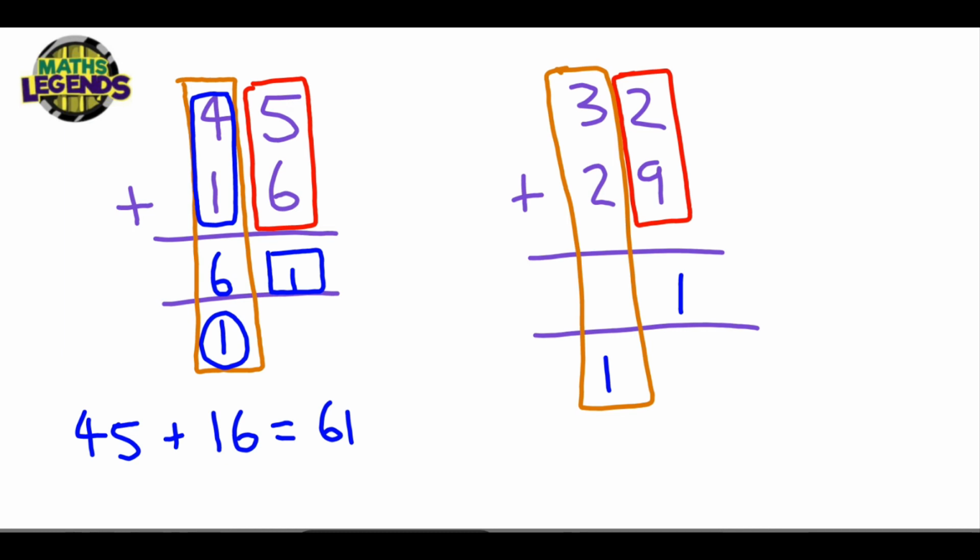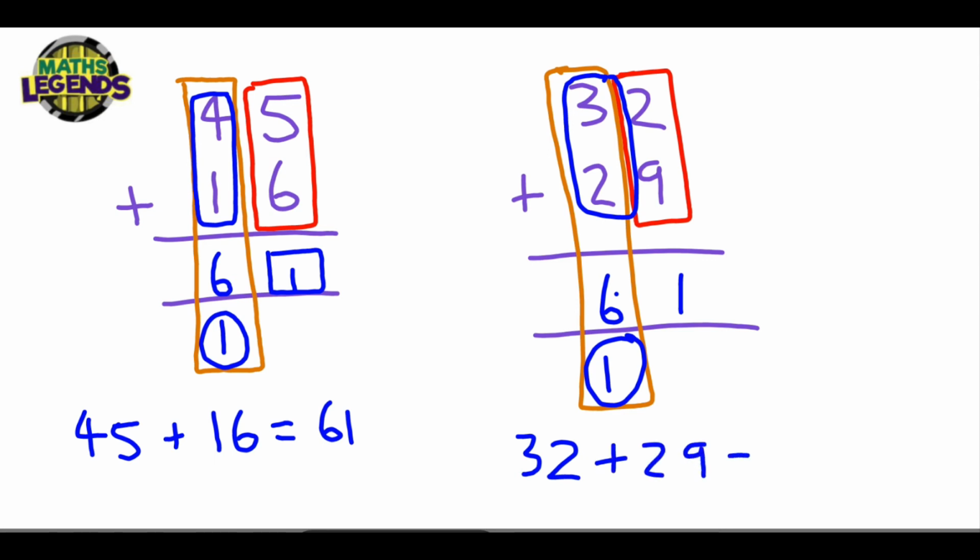So here we're adding 3 and 2, which is 5. And we add this 1 that's at the bottom, and that becomes 6. So the answer here is 61. So 32 add 29 equals 61.